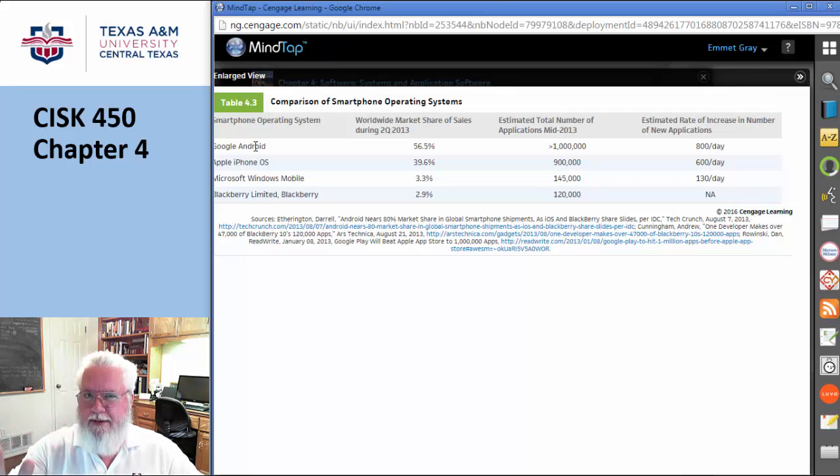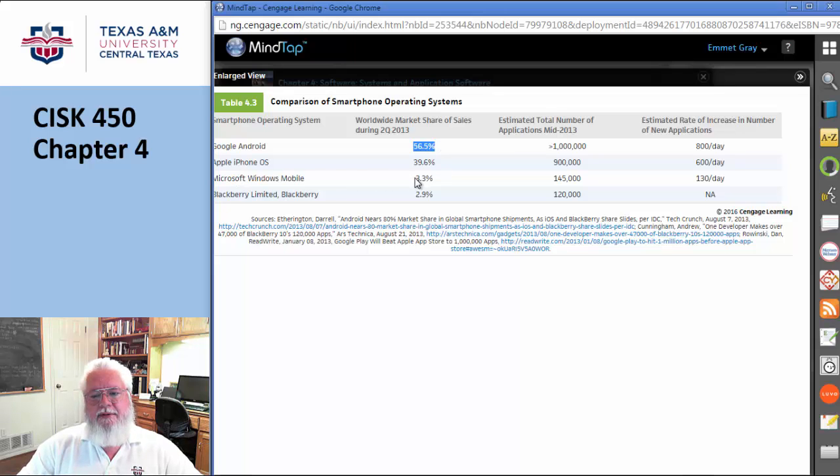Now, I will tell you, this is not the case if you look just at like North America or the U.S., okay? Because right in the U.S., iPhone is king by a huge margin. But worldwide, Android actually has more phones out there than Apple. Isn't that pretty weird?